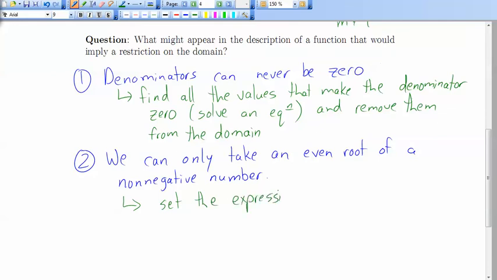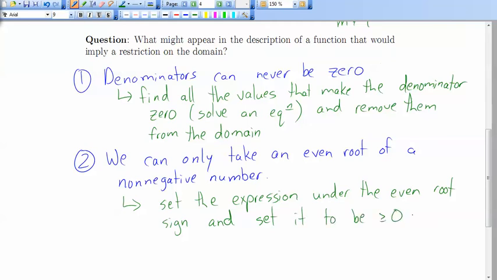So we'll take the expression under the even root sign, and set it to be greater than or equal to 0. And we'll solve that inequality.